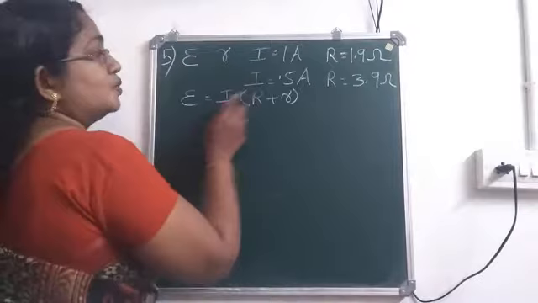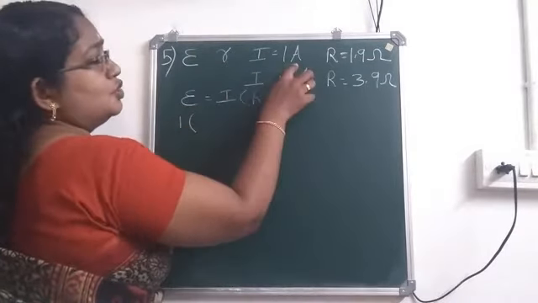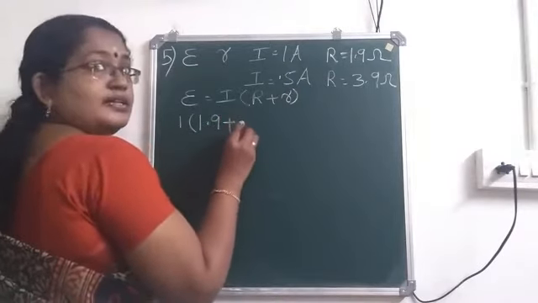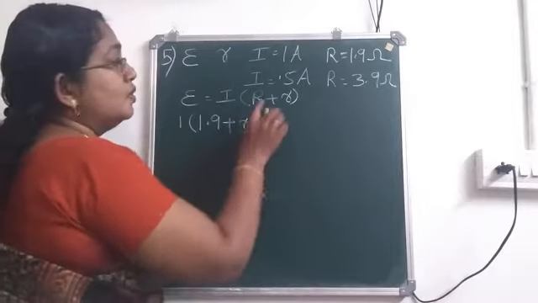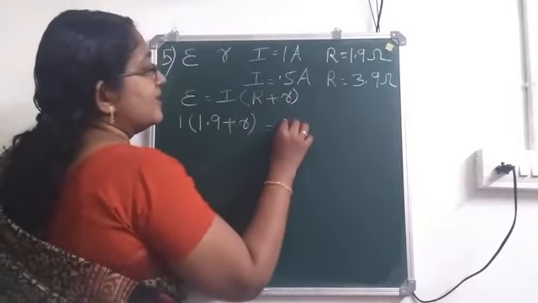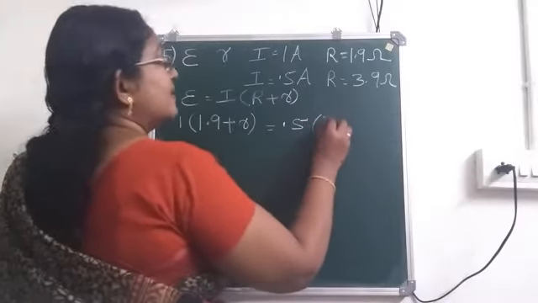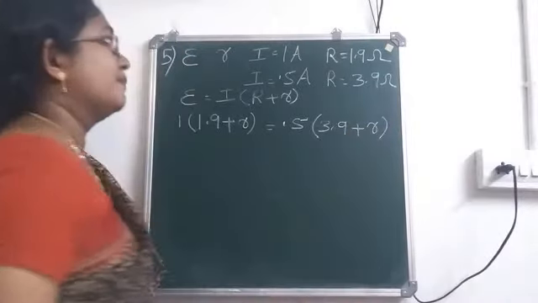So what you can do? In the first case, the equation is 1 into externally connected resistance 1.9 plus R. This will be equal to, what about the second case? In the second case, current is 0.5, then 3.9 is the externally connected resistance.